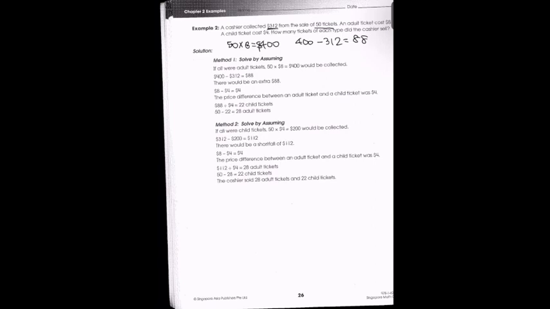The difference between an adult ticket and a child ticket is $4, so we divide the difference after assuming by the difference in actual ticket price, and that gives us 22. That tells us we have 22 child tickets. In total we sold 50 tickets, so we sold 50 minus 22 adult tickets, which is 28 adult tickets.